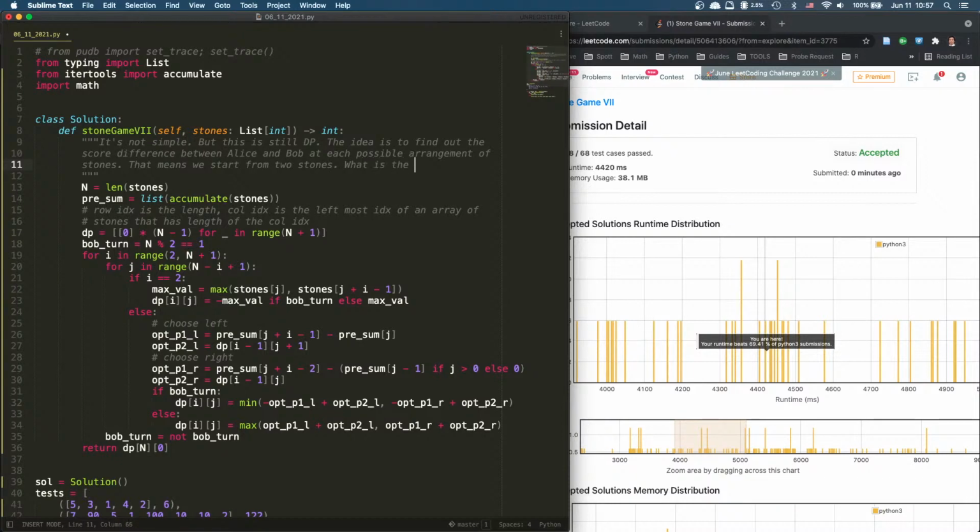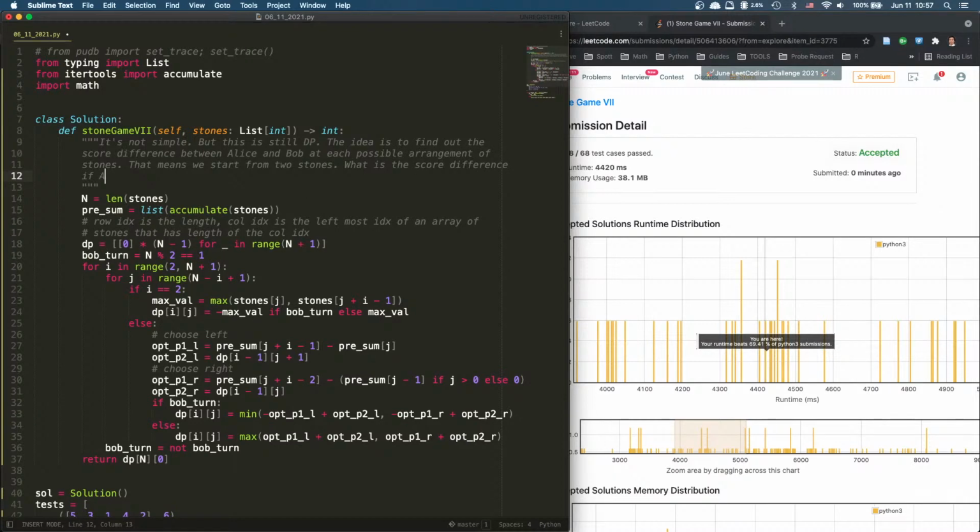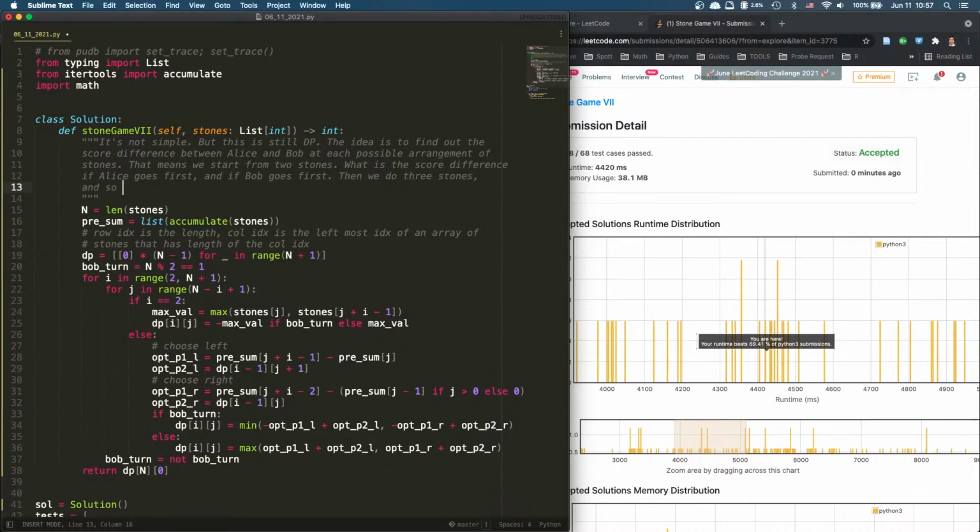What is the score difference if Alice goes first, and if Bob goes first? Then we do 3 stones, and so on and so forth, until we get to the entire set of stones.